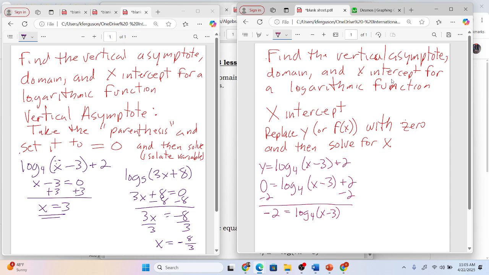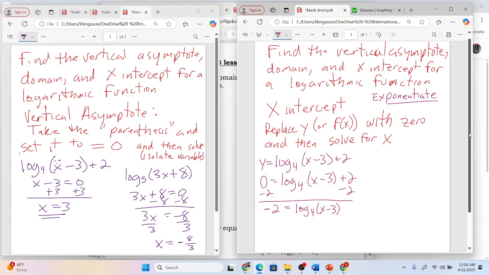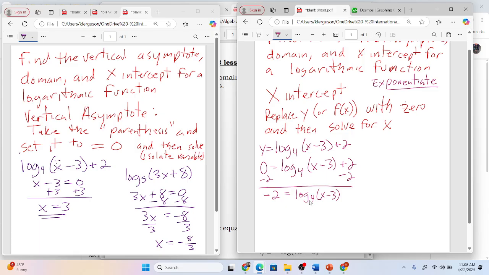Now, this is where I'm going to say this weird word, and I hope I'm spelling it right: exponentiate. And I'll explain what that means in a second. So this is where I am right now. I got to deal with this. The way I need to get to that x, but the x is part of this log, so I need to get around that log.